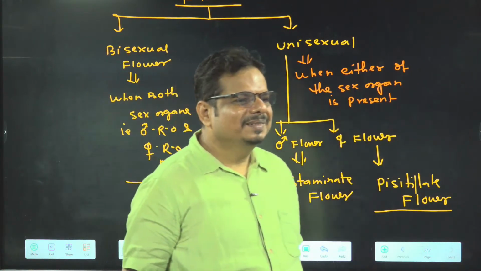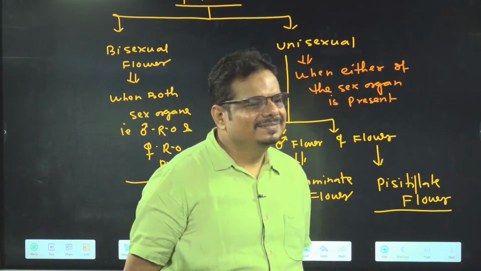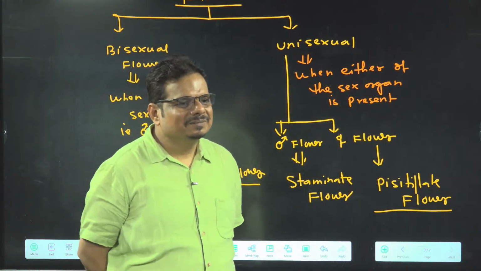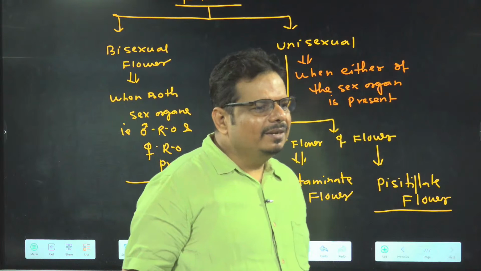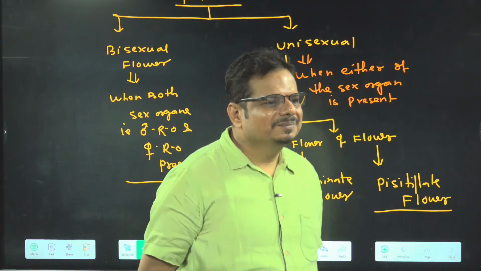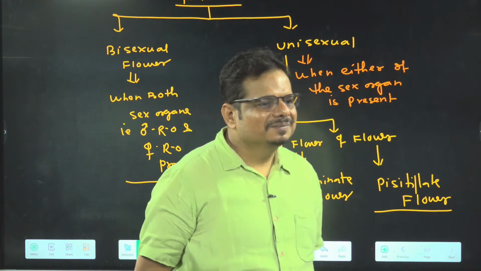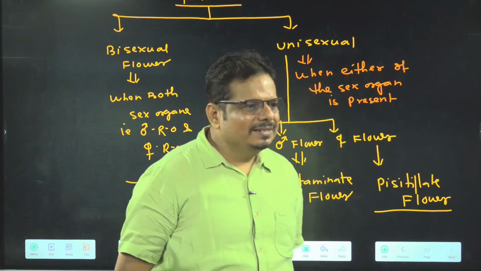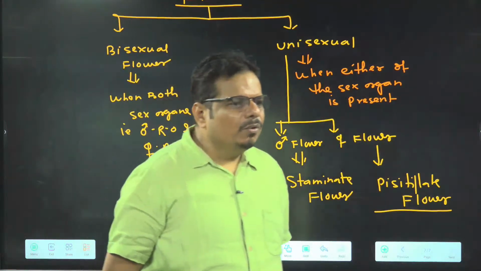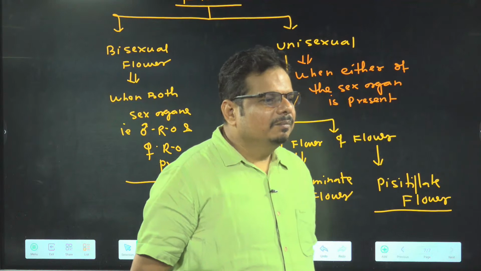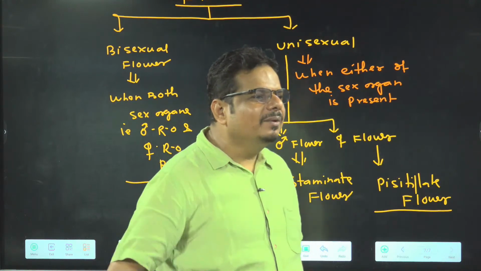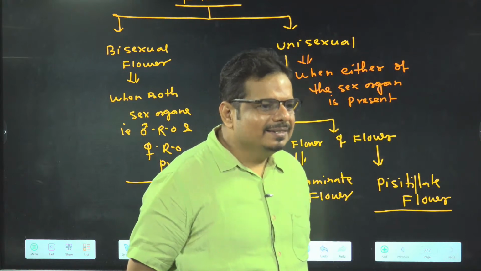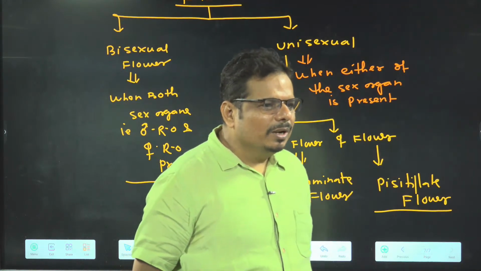Yes. How? What is the definition of complete flower? Definition is all four whorls are present. Bisexual guarantees the reproductive organs, but it does not guarantee what? Accessory whorls. It is quite possible, na?